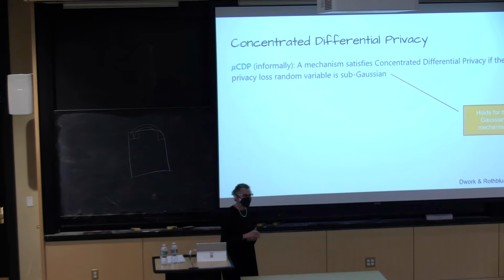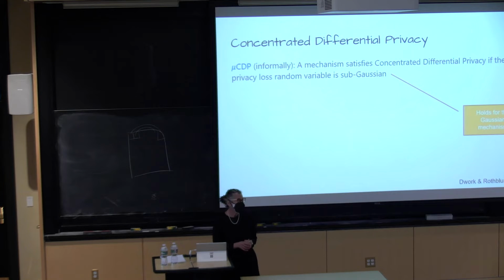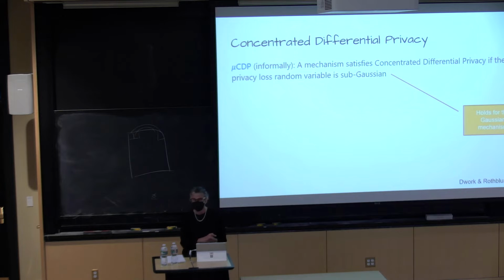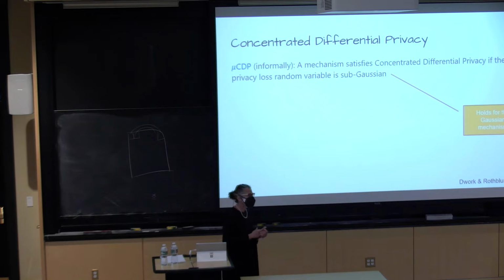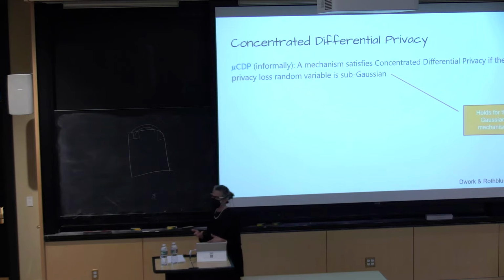So it turns out that if you study the Gaussian mechanism, it has this property. The privacy loss random variable is sub-Gaussian. The probability that you're going to have a privacy loss of k times epsilon turns out to be bounded by e to the minus k squared over 2. So it is all by itself sub-Gaussian.